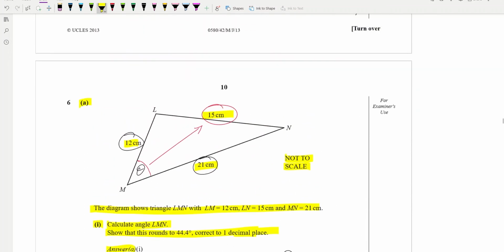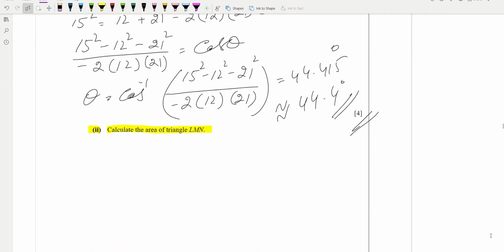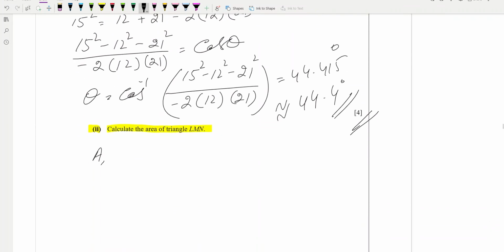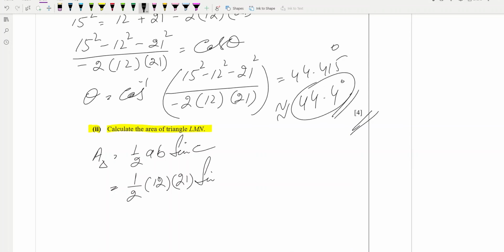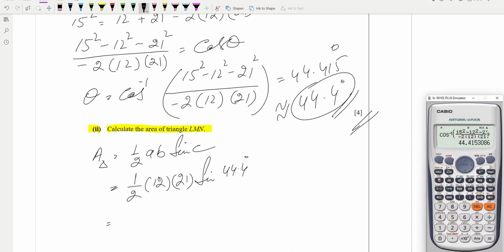The area of this whole triangle is required, and for the area of the triangle we know the formula is half into AB sine C. So area of triangle is equal to half into AB sine C, and the two sides are 12 and 21, so we can write 1 by 2 into 12 into 21 into sine of this angle which we just found, which is 44.4 degrees.